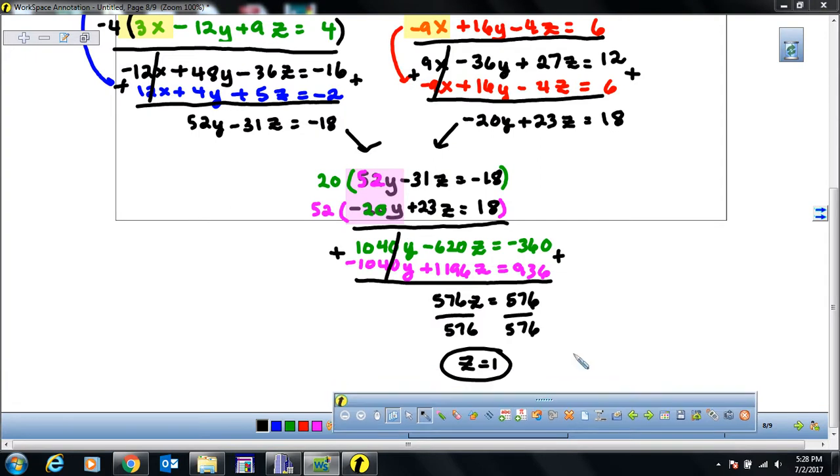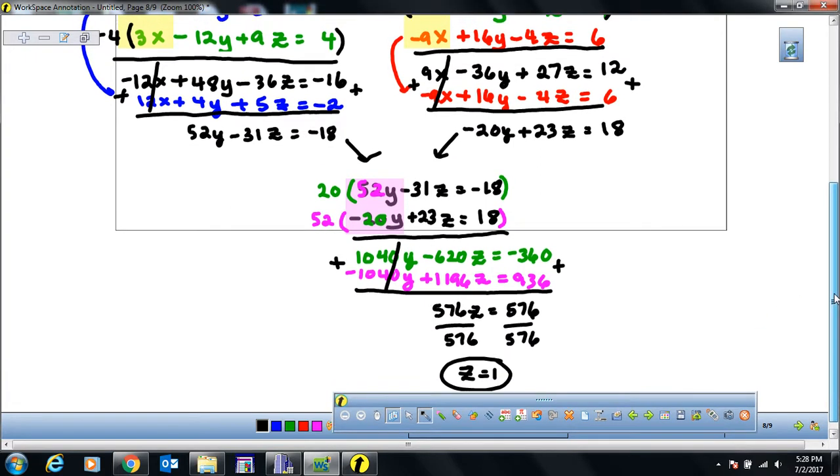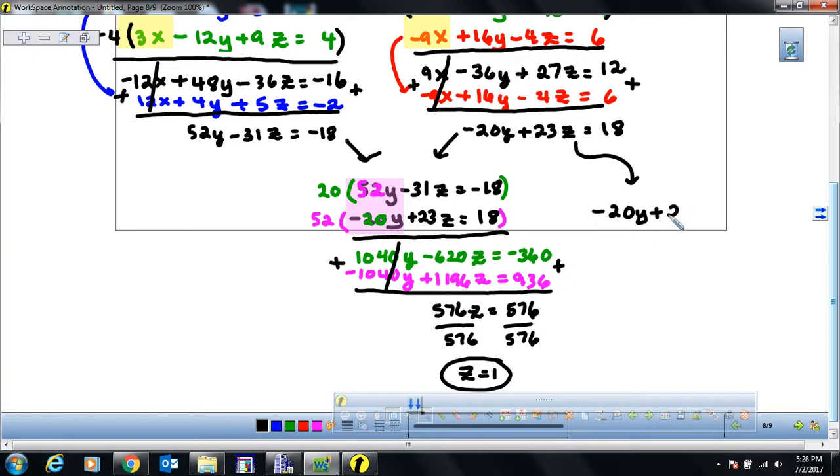Now, how do we find the x and the y, given that z is equal to 1? First of all, to find the second variable, remember that there's an order. We need to substitute z equals 1 into one of the two equations in the middle, whichever one you choose. I'm going to substitute it into this one. Negative 20y plus 23z, but z is equal to 1, so I substitute the 1. Equals 18.